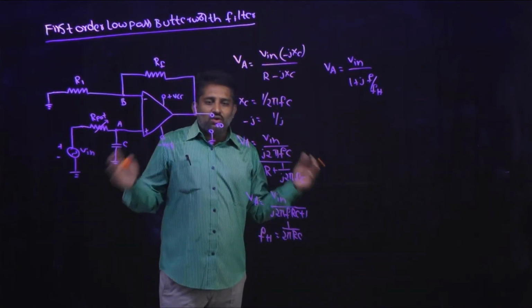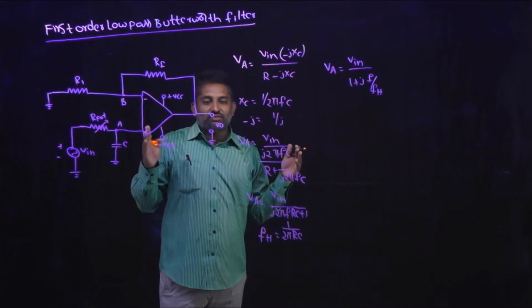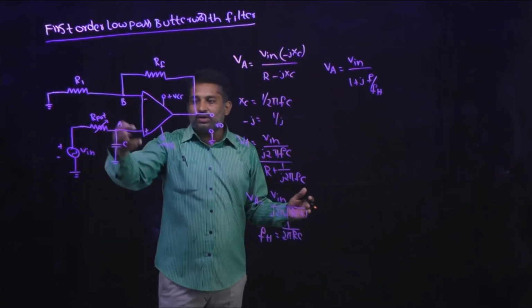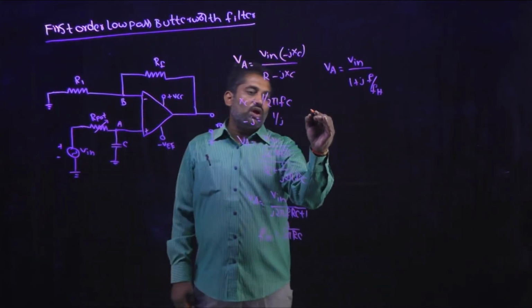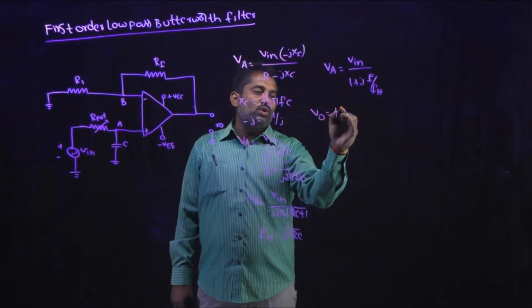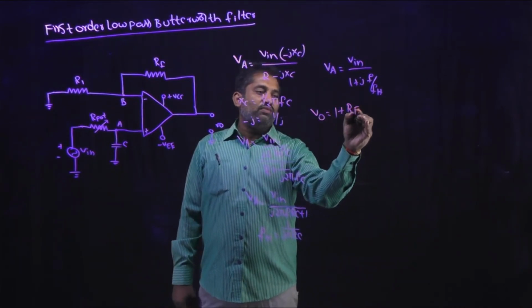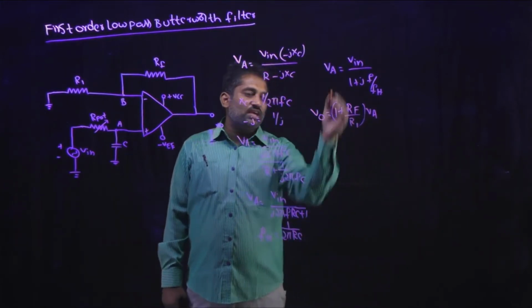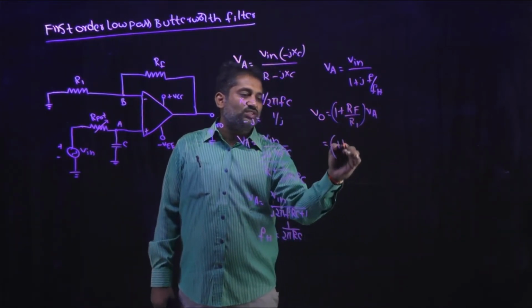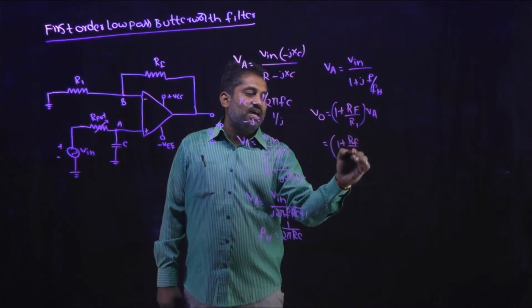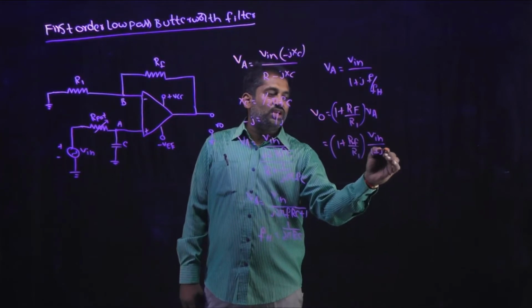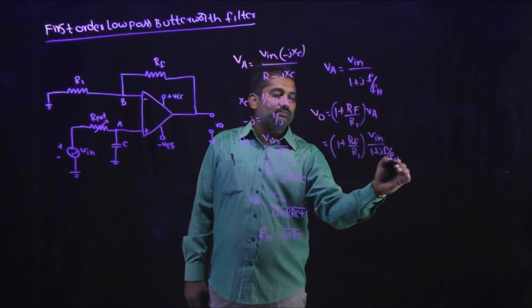Now the value of VA is Vin divided by 1 plus j F by FH, and we all know that the output voltage of the non-inverting amplifier is equal to 1 plus RF divided by R1 into VA. Substituting the VA value in this equation, we get V0 equal to 1 plus RF by R1 into Vin divided by 1 plus j F by FH.